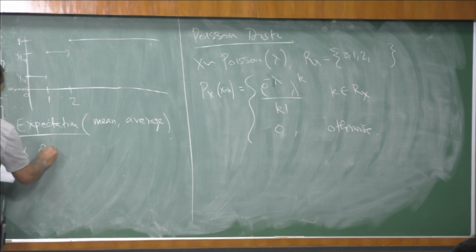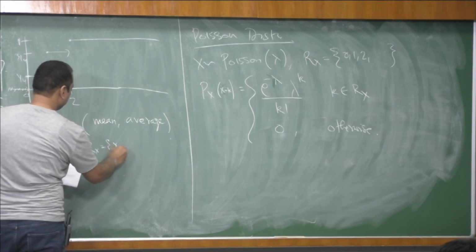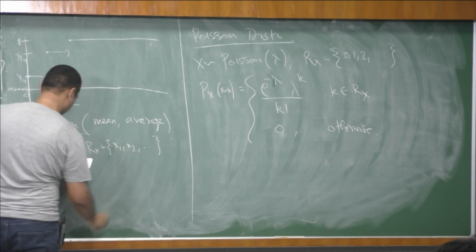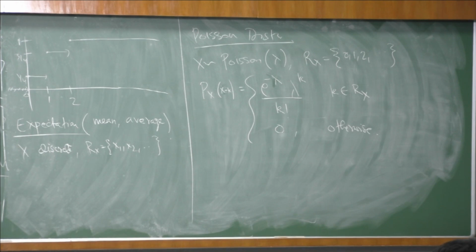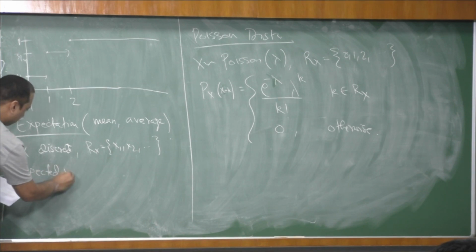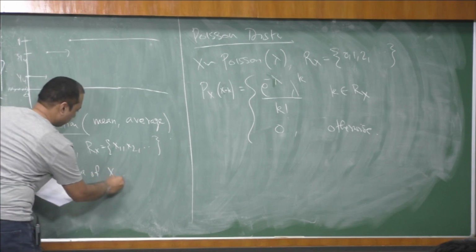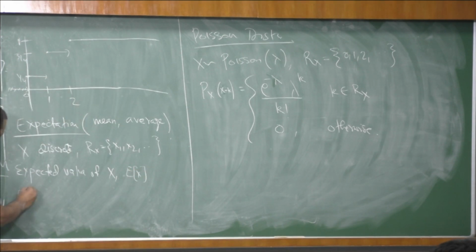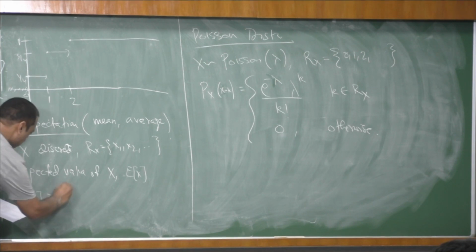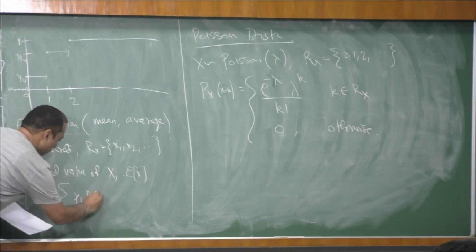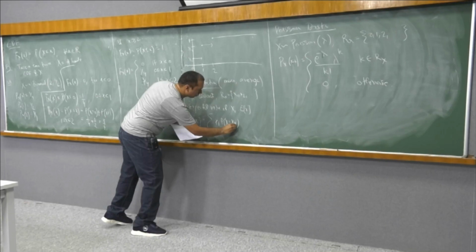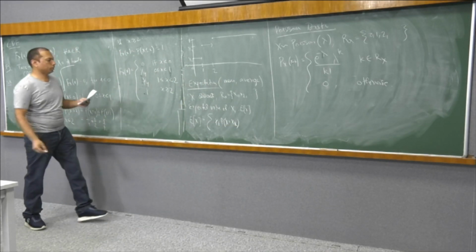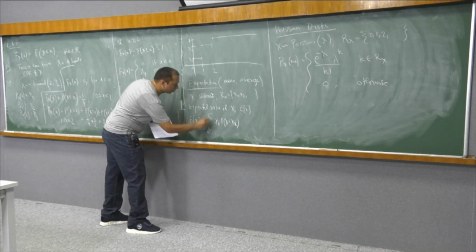So X is a discrete random variable with the range x1, x2 and so on, and the expected value of X, denoted by E[X], is defined as follows: the sum of xk times P(X = xk), k equals 1 to infinity.